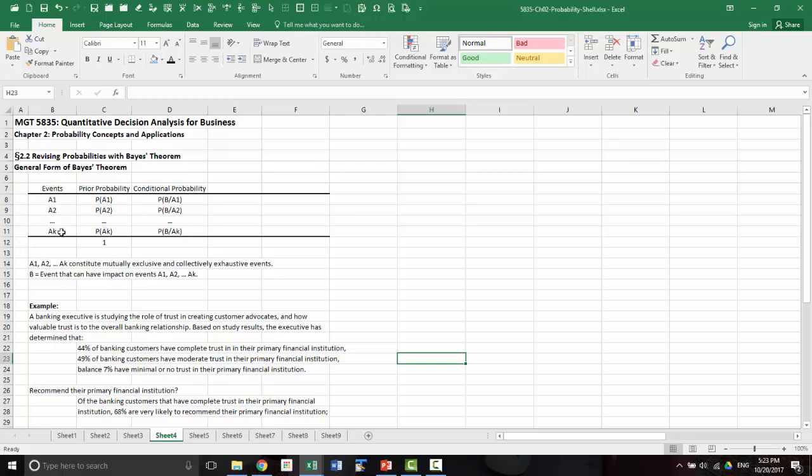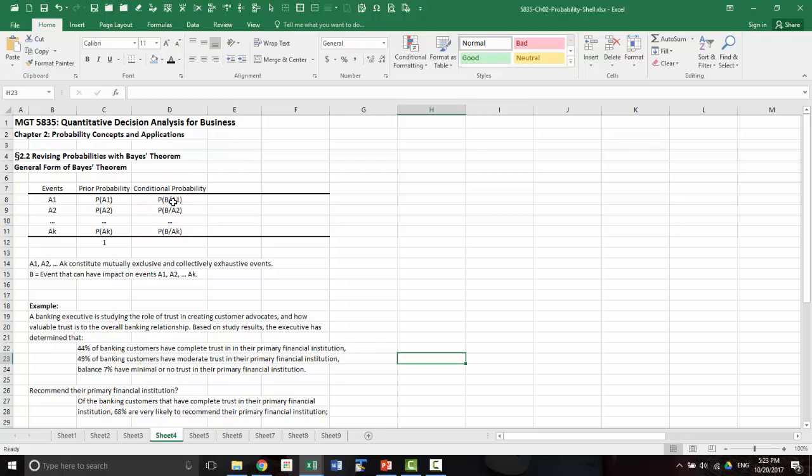For example, let's take an example right now. Say you have an applicant for a mortgage loan. The applicant is a good risk or bad risk, or good risk, moderate risk, bad risk. Now the intervening event could be your credit score, so a good credit score and a bad credit score.